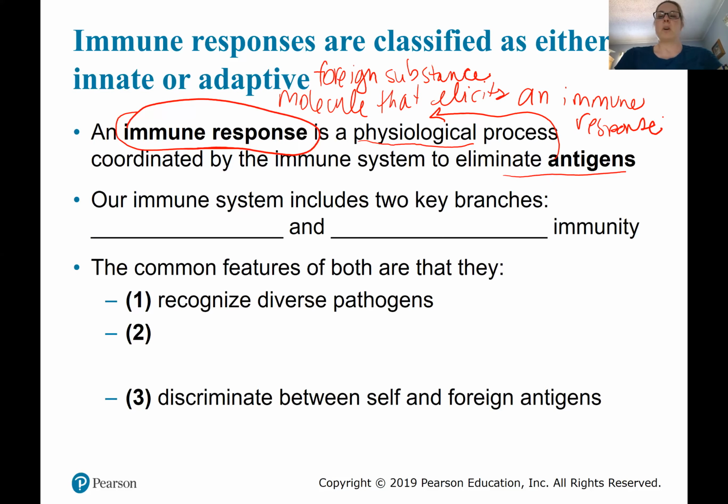Okay, so an antigen is basically a little marker molecule or some structure on a bacterium or virus or anything else that's foreign that the body basically identifies as foreign.